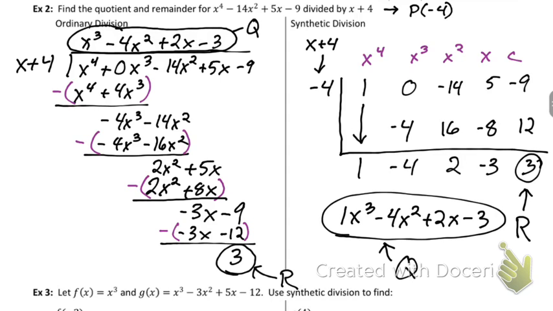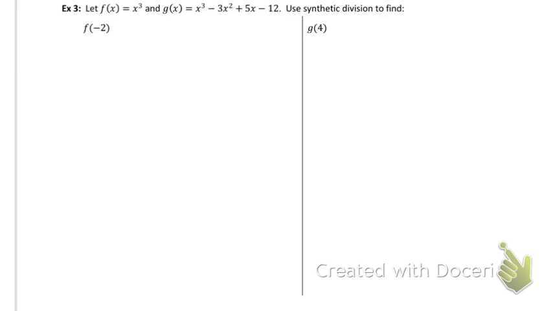Is everyone good with this screen? Do we need it up any longer? Let's just do these last 2 together really quick. So I'm supposed to do f of negative 2. With synthetic division, you just take the negative 2. Remember, f of negative 2 really is x plus 2 if I was doing ordinary division.